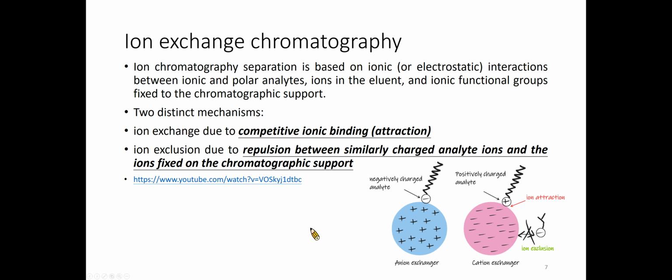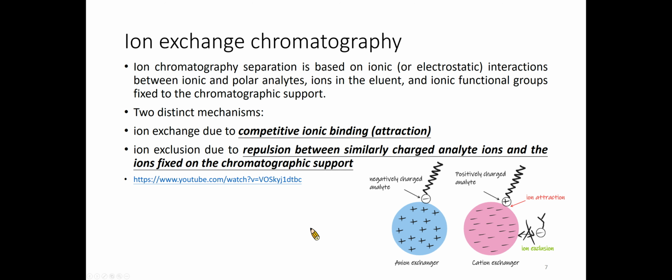Ion exchange chromatography, or ion chromatography, is a process that allows the separation of ions and polar molecules based on their affinity to ion exchangers, which can be anion exchangers or cation exchangers.